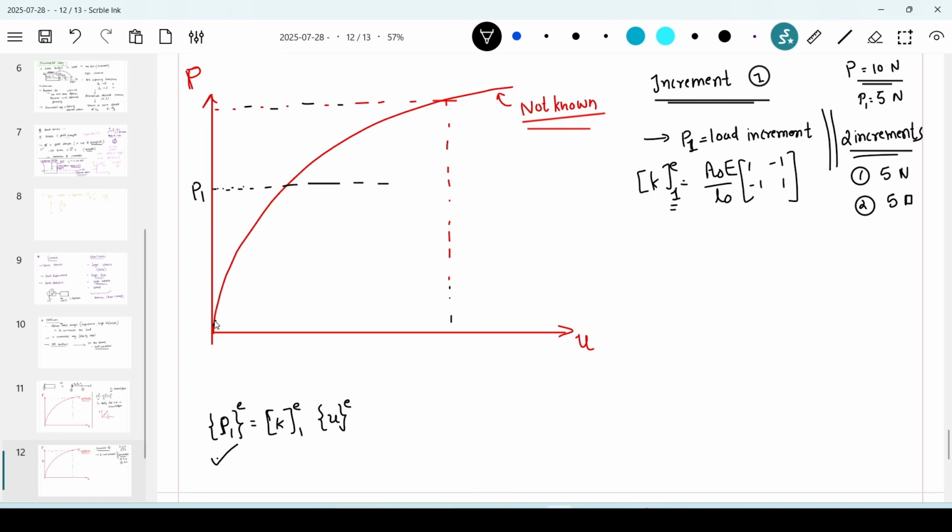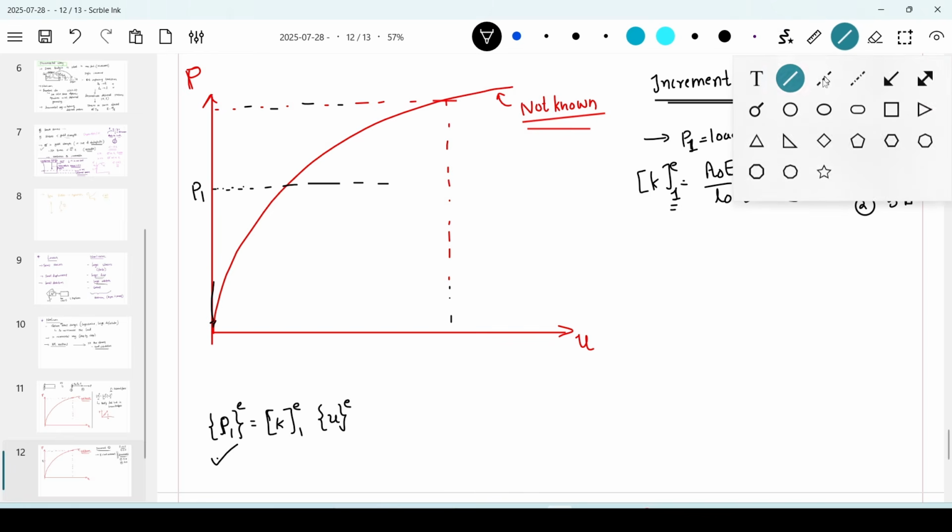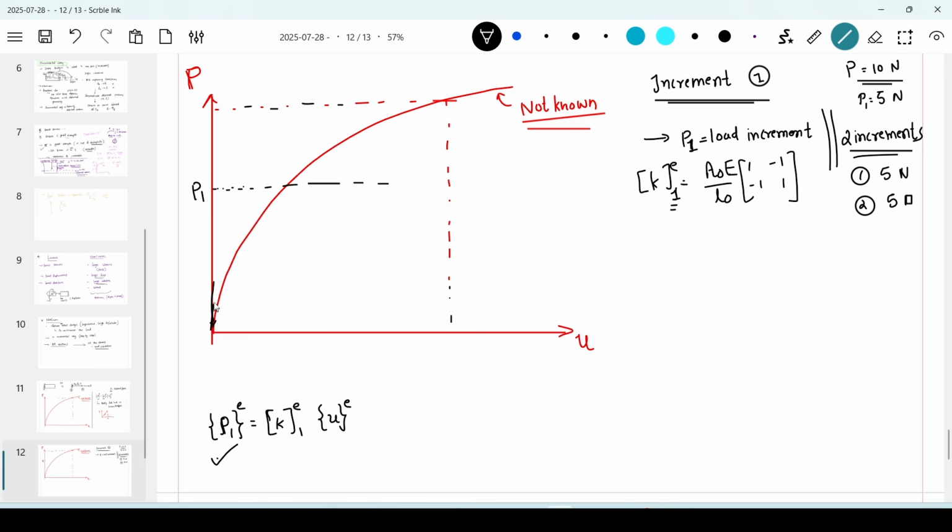This is K at 1; initially this is known. Hope you are getting this. The initial stiffness of the structure is known because we know the initial geometry and E, all these parameters.